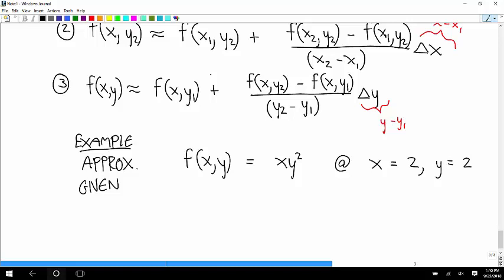So let's say we're given that f of 1, 2 is whatever you get there, 4.